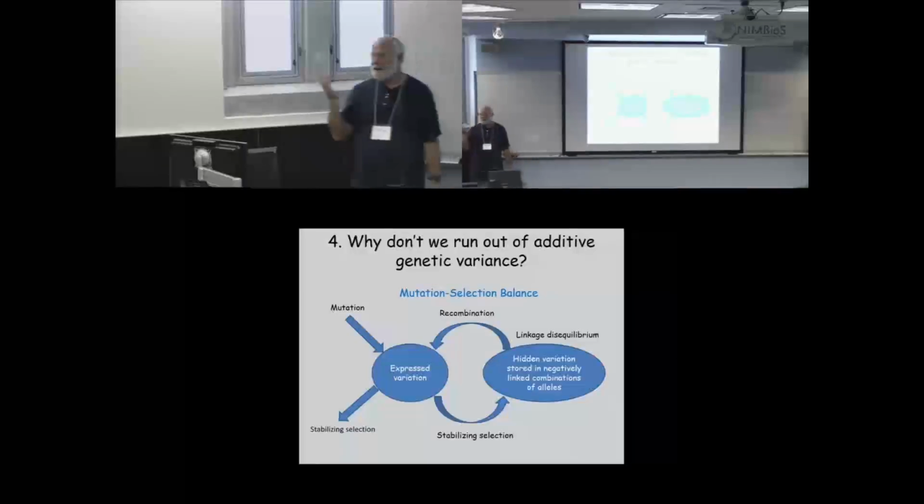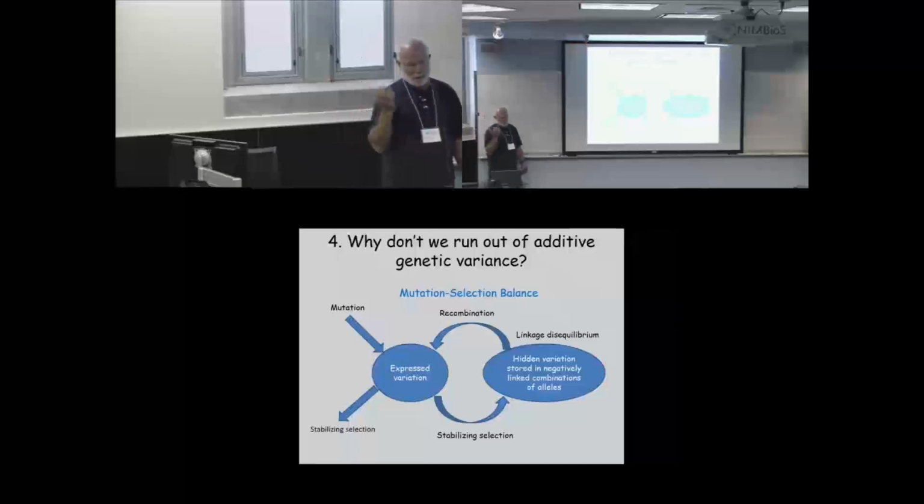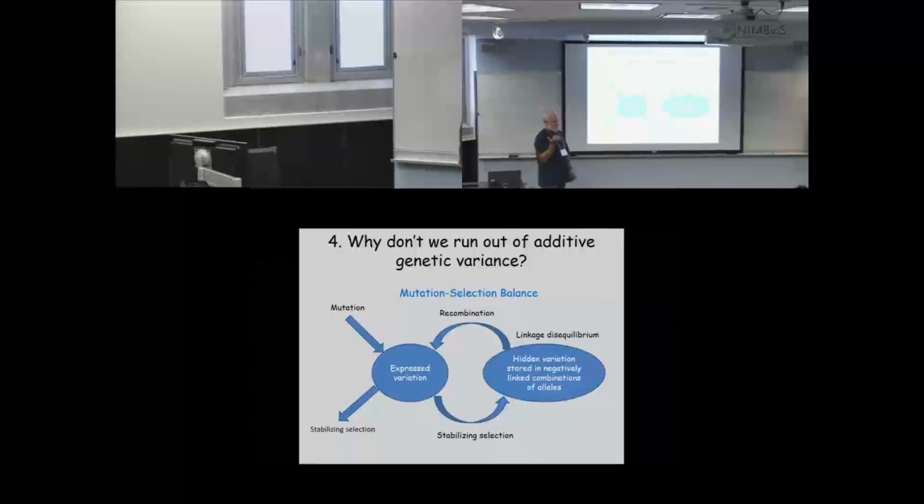So we're not running out of additive genetic variance in most selection experiments and in most laboratory, barnyard, and greenhouse. And there could be multiple reasons for that. But one reason is that we need to think about the ongoing, never-ending supply of new variation coming in from mutation.